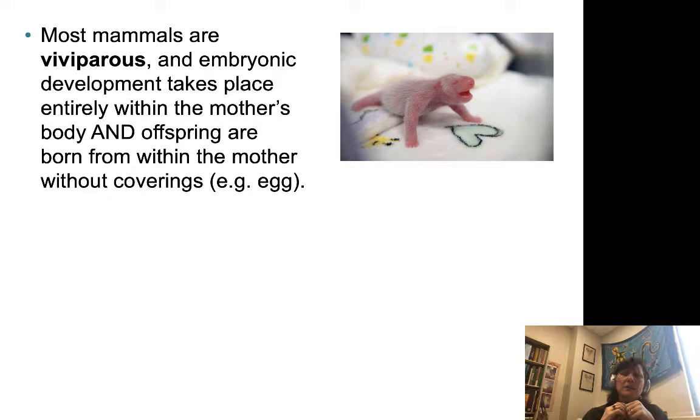To be more specific, it means the offspring develop completely within one of the parents, usually the female parent. And not only is development completely within the mother, but when the offspring are born, they are not surrounded by any sort of covering. So there's no egg involved. You just have the offspring being born from the mother live.